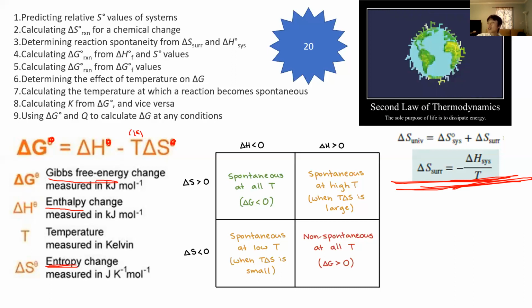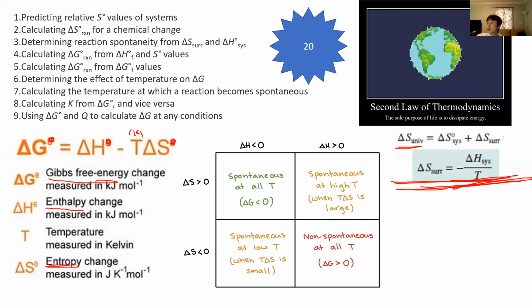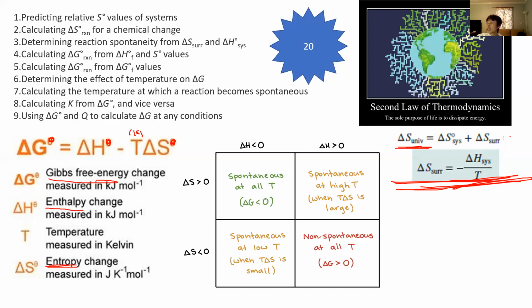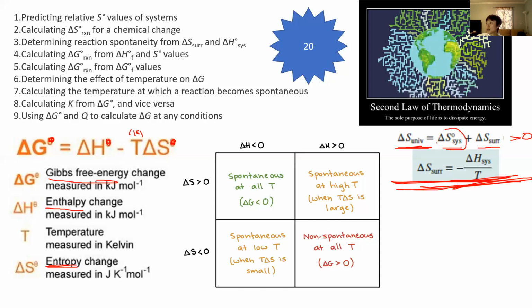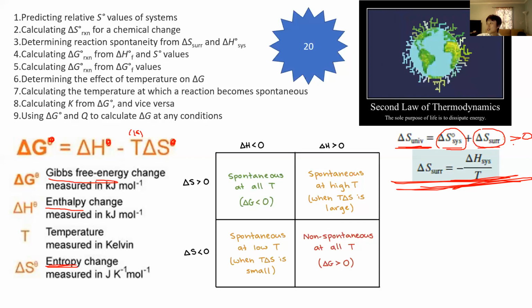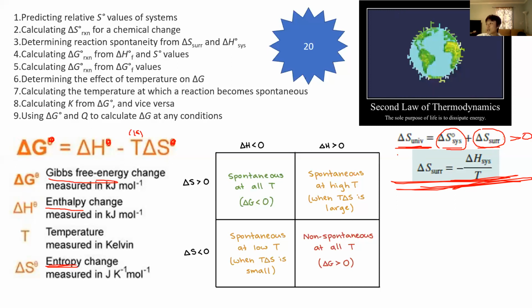The second law says that for all spontaneous processes, delta S universe must be greater than 0, meaning the sum of delta S system plus delta S surroundings must be greater than 0. Both of these terms have signs, so for a process to be spontaneous, their sum must be greater than 0.